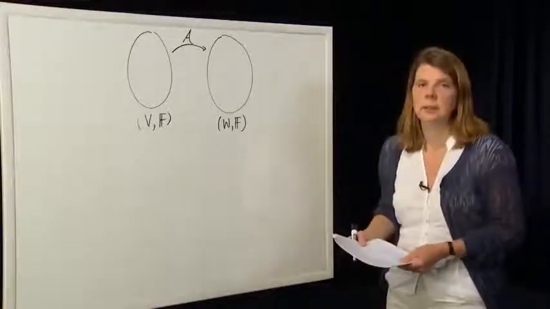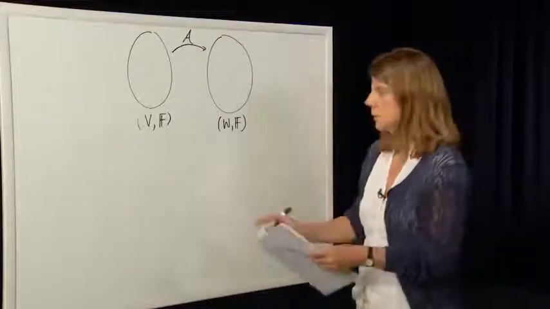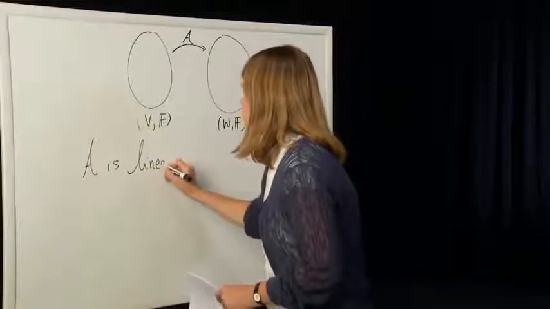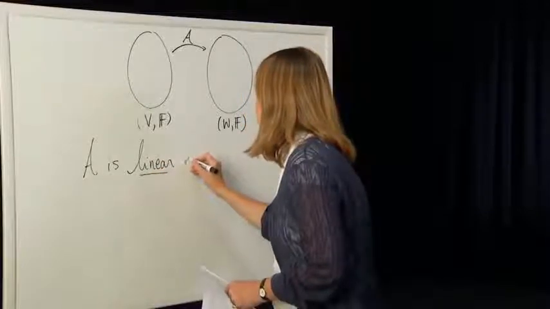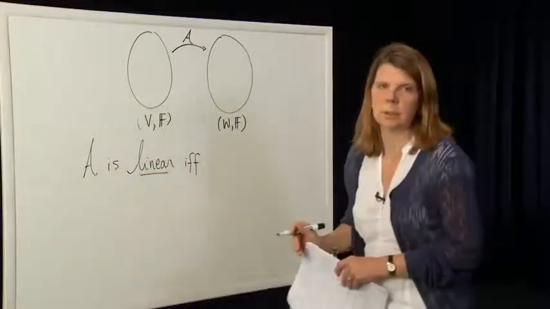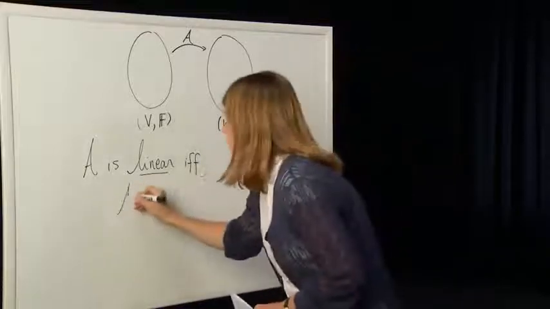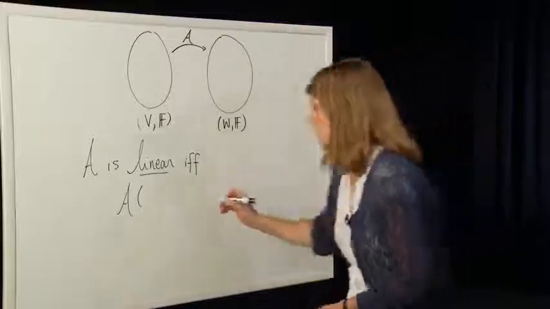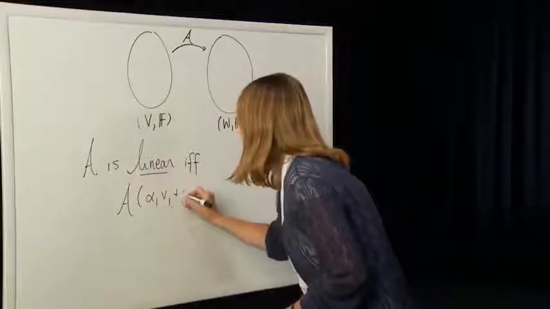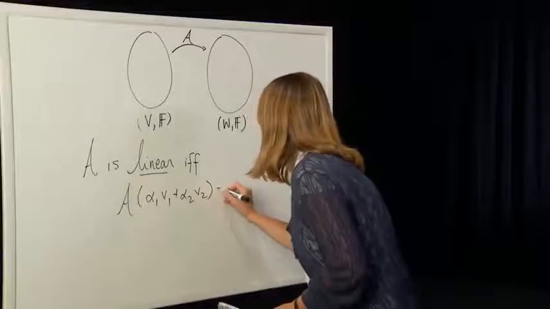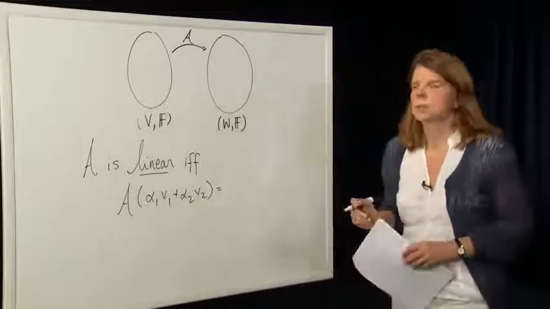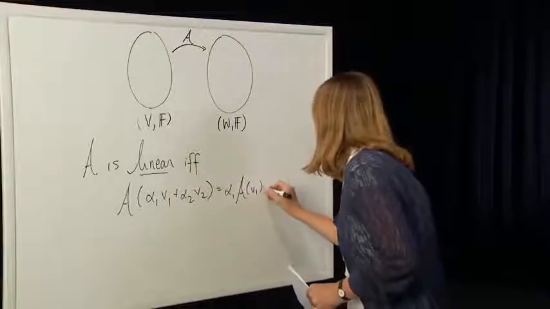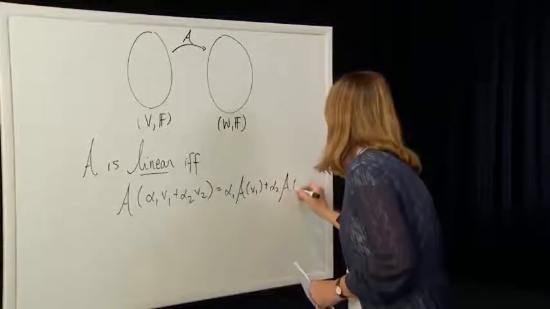A is said to be a linear map if and only if the following property holds. If you take A and operate on a linear combination of elements in V, alpha 1 V1 plus alpha 2 V2, then a property called superposition holds. This equates to alpha 1 A of V1 plus alpha 2 A of V2.